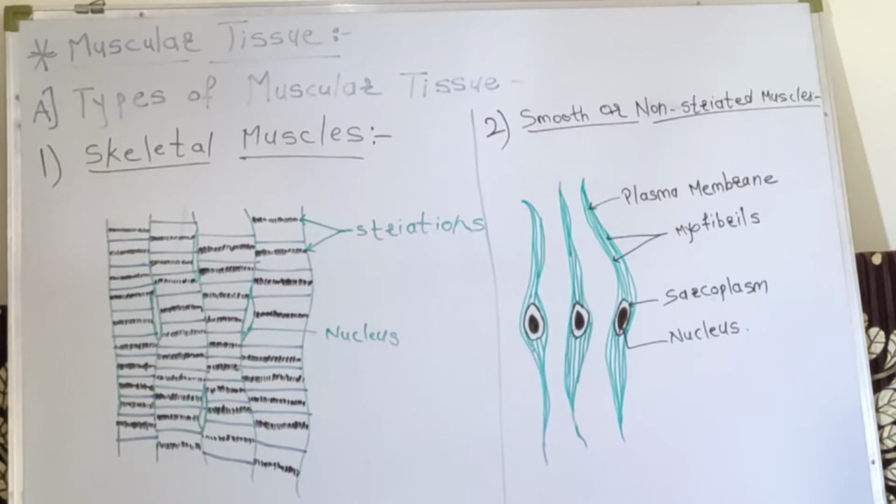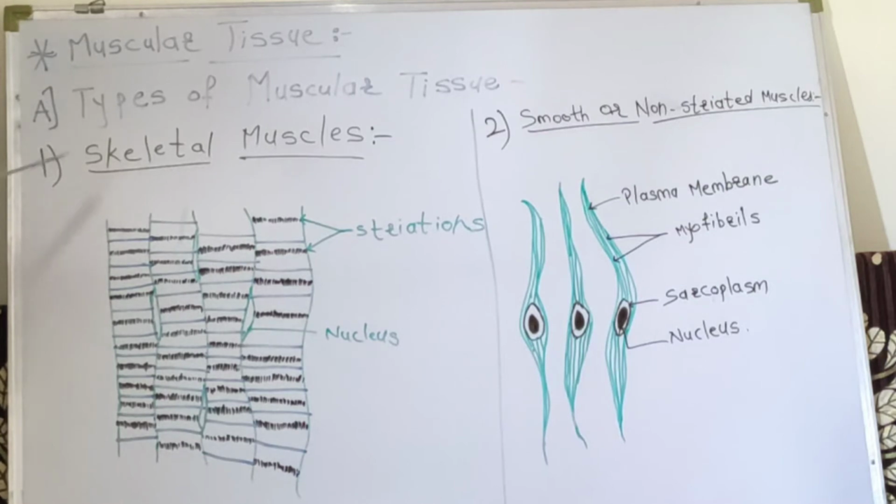So there are myosin and actin present. We already know myosin and actin. These are filaments, dark colored and light colored. The A band is made up of actin, and myosin is present in the dark and thick band.